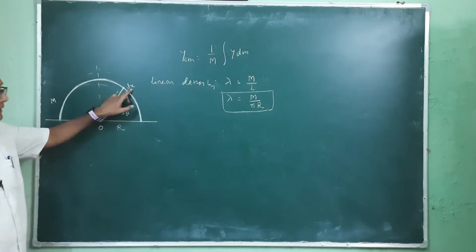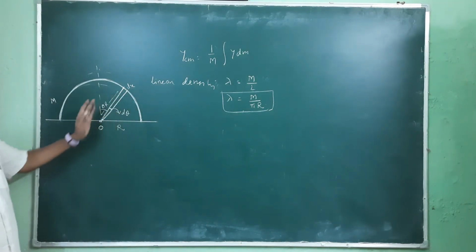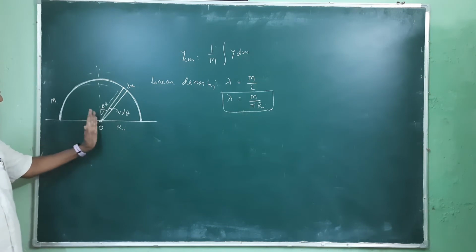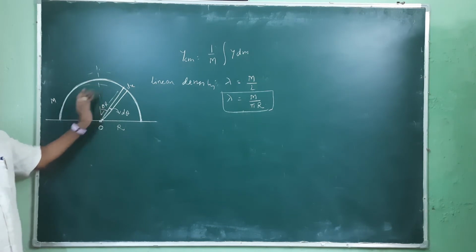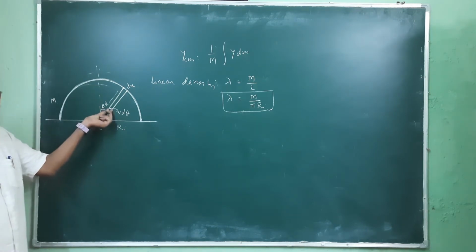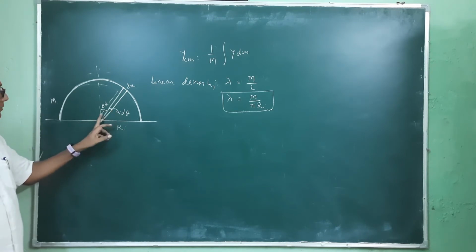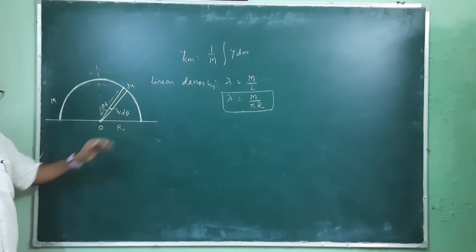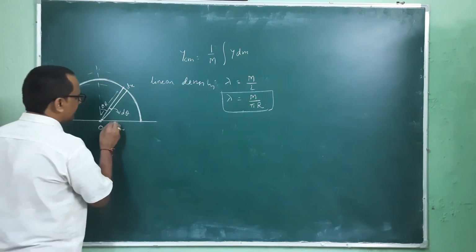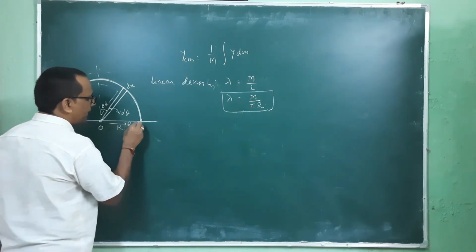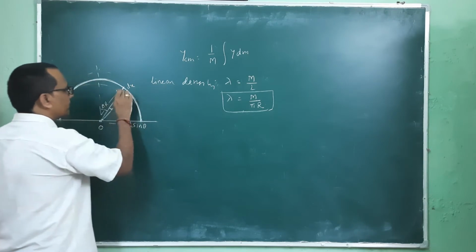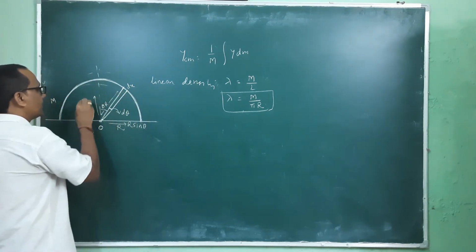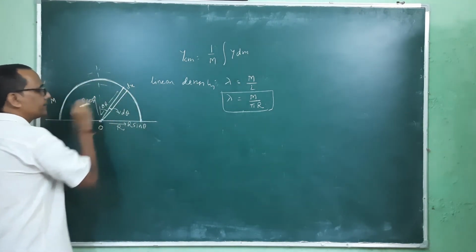So this small dx subtends an angle theta from the y-axis, and this small angle is d theta. Now if this is theta, we can have the components along the x-axis and y-axis. Along the x-axis, the component will be r sin theta, and along the y-axis, the component is r cos theta.